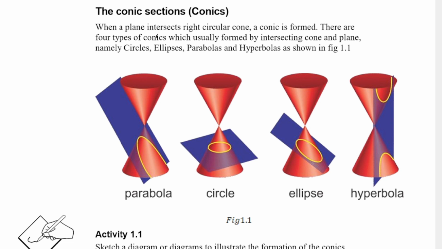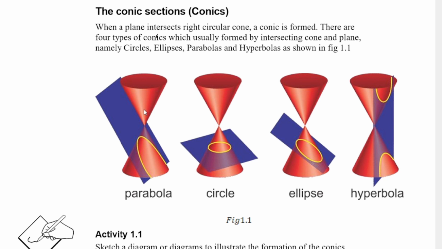So what we are saying is that if there is an intersection of a right circular cone, then a conic section is formed. The intersection happens between a plane and a cone, but in this case, we will talk about a double napped cone.